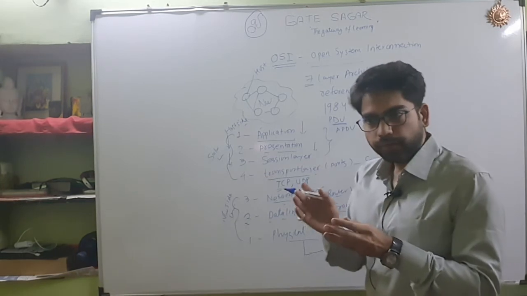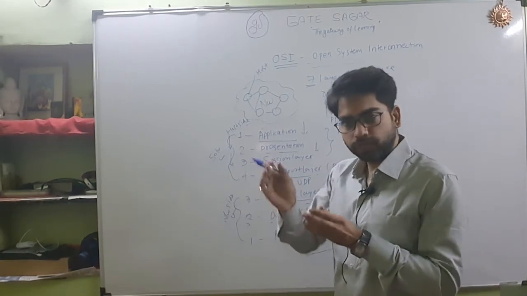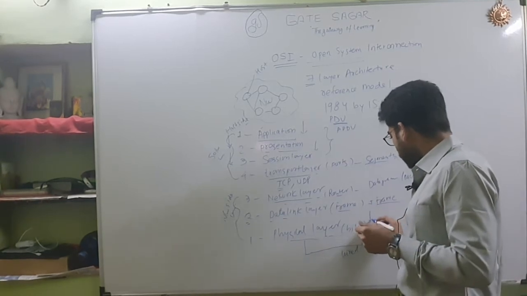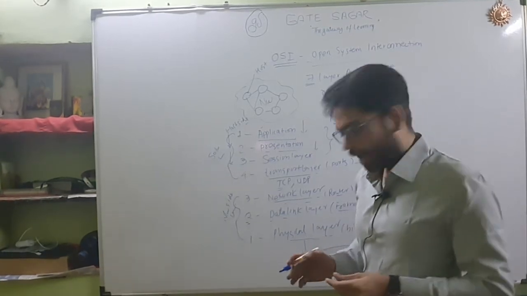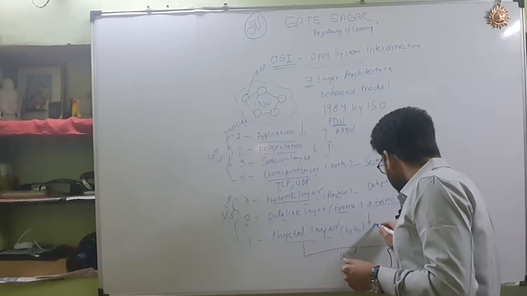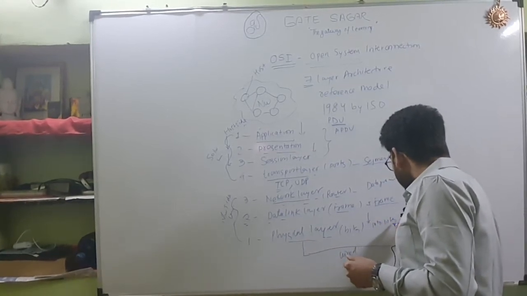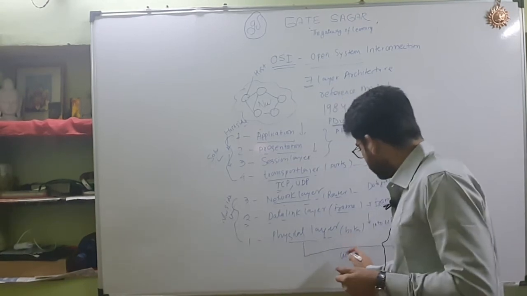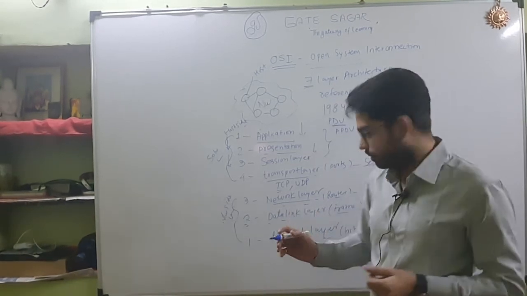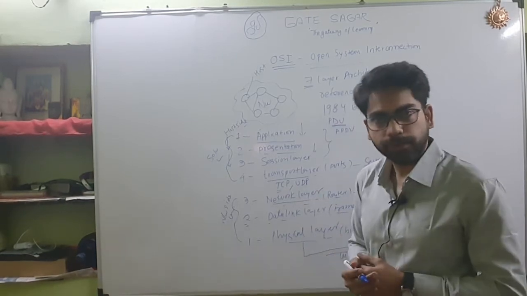The data is divided into small frames here in the data link layer, and this goes down to the physical layer, and the physical layer divides this frame into bits, and at the end these bits are transferred through the physical medium to the receiver.